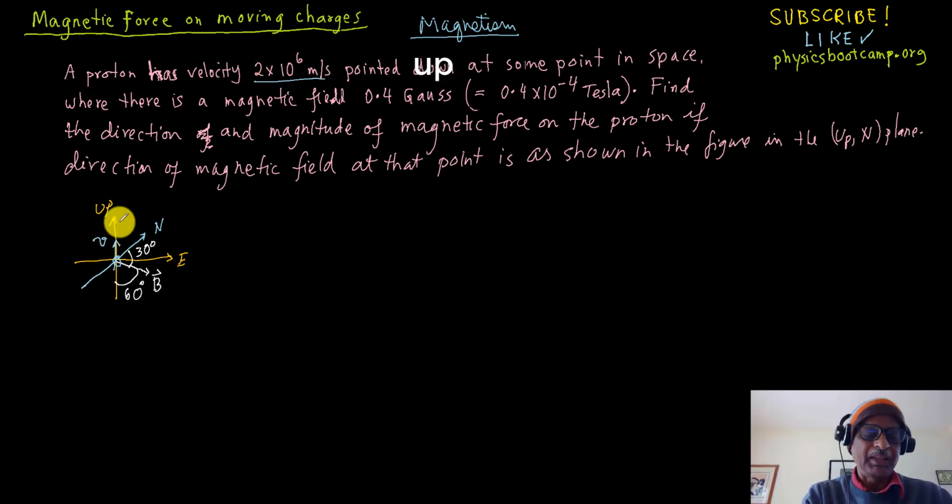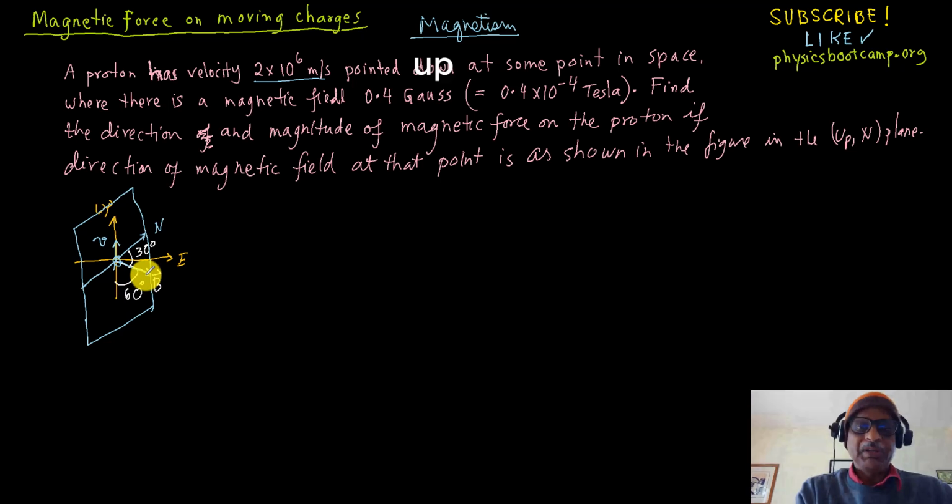It's moving up that way, and for simplicity, in this plane, which is the up north plane, the magnetic field direction is pointed this way. Then we are asked to find what's the magnetic force on this proton at that instant.